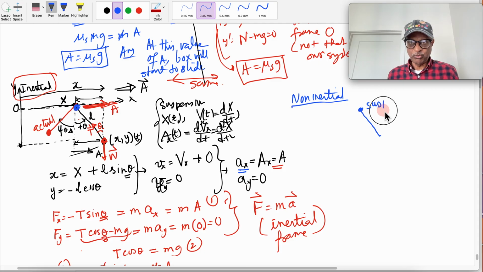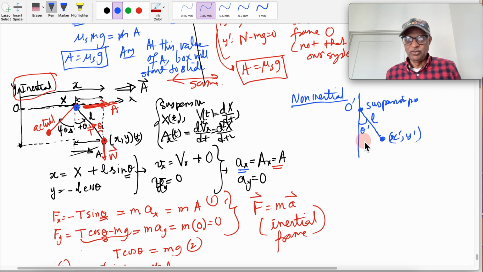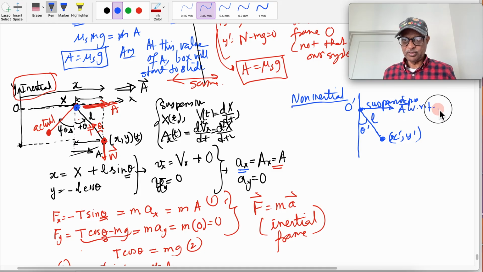So this is the suspension point. That's going to be my O prime, and this is L. Let's call the angle theta prime, and the axes X prime, Y prime. The suspension point has acceleration A with respect to the inertial frame, but of course in this frame the acceleration is 0.